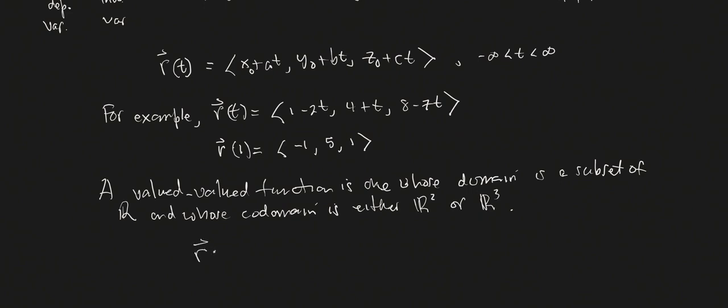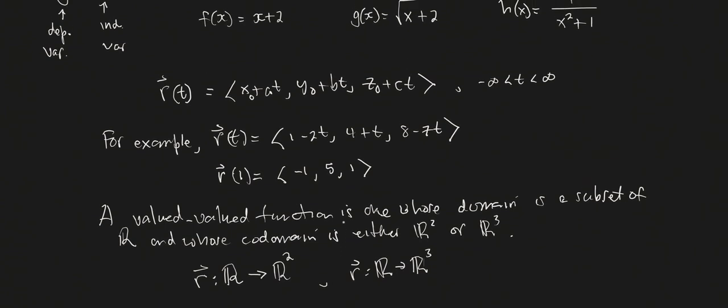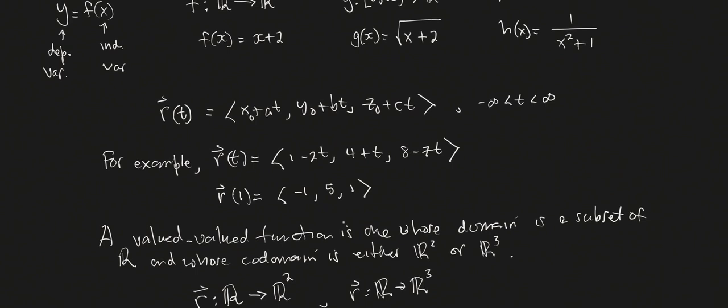So r is going to be a function that accepts real numbers as its inputs, and then it is going to give us back either vectors in R2 or vectors in R3, right?